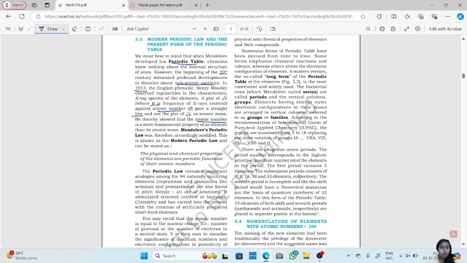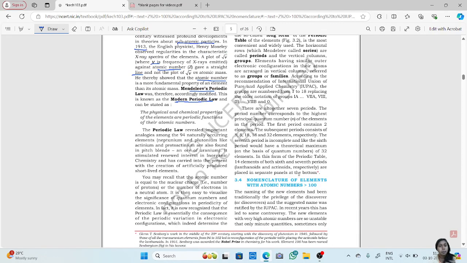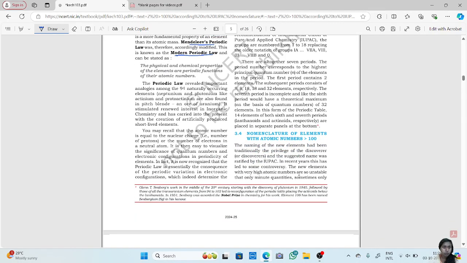Now, Mendeleev's periodic law was therefore modified accordingly. This is known as the modern periodic law. It was a modified version of Mendeleev's periodic law according to the theory given by Henry Moseley. What is it?